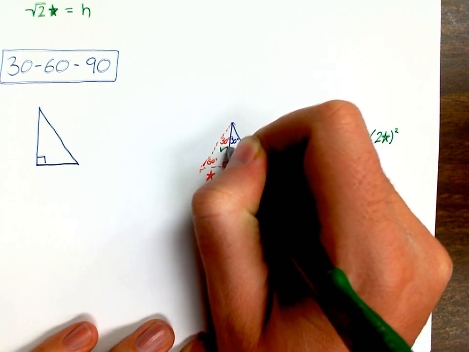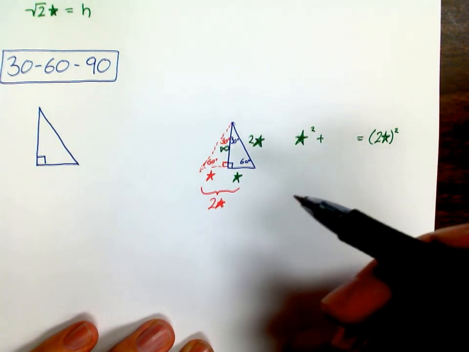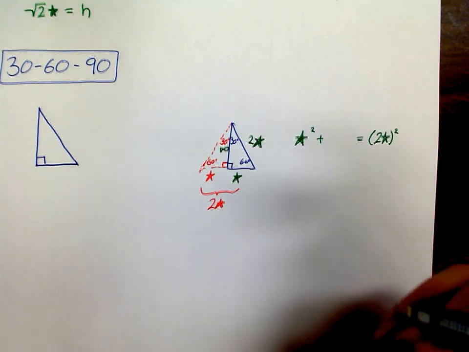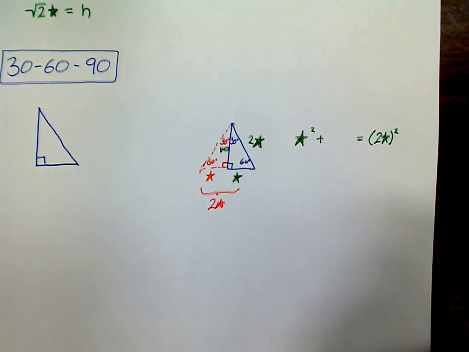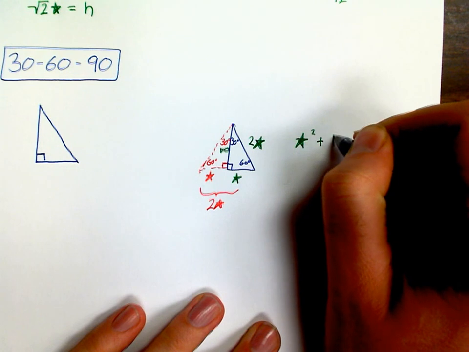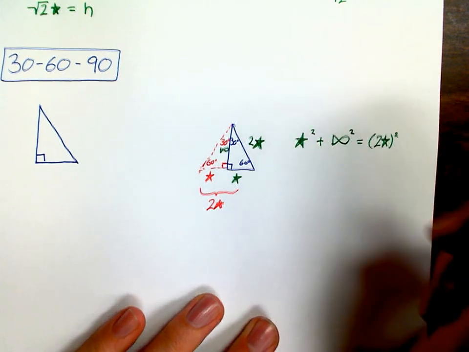Look at that. Like a little goldfish right there. Just you want to pop it in your mouth and enjoy it. Anyway, I'm hungry. Okay, so call that side fish. So what goes into my Pythagorean theorem here is fish squared. So star squared plus fish squared equals 2 star squared.